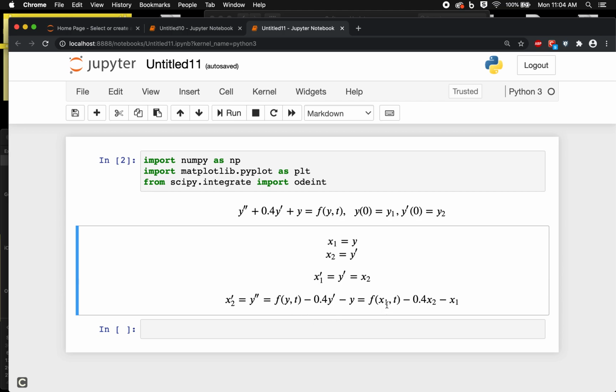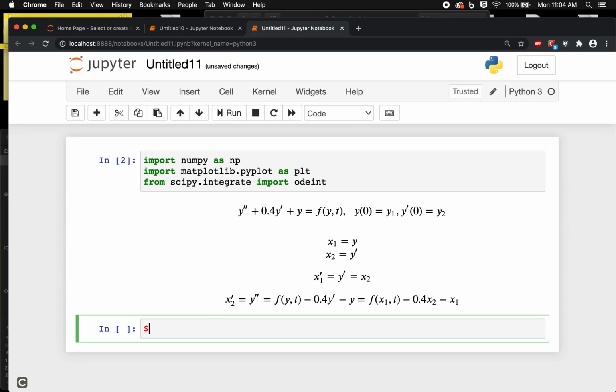So when we replace the y, that gets replaced with x1, right? That's just the definition of x1 is equal to y. And then we have minus 0.4 times y prime. Well, y prime is simply equal to x2, so we're going to have 0.4 x2. And then we're going to have minus y, which in this case is simply x1. And if you look at this, we have two differential equations. I can write them just here, right?